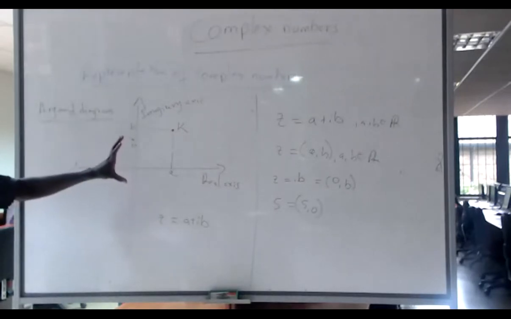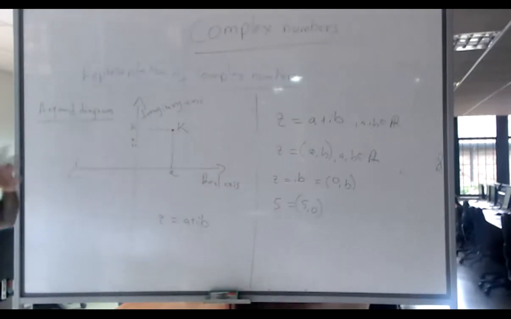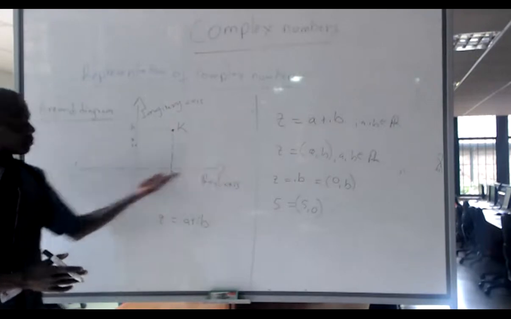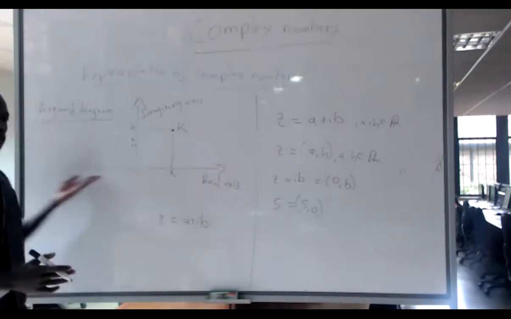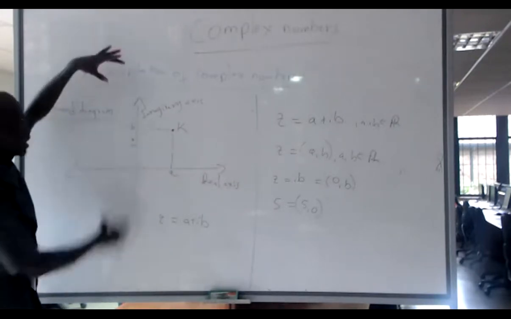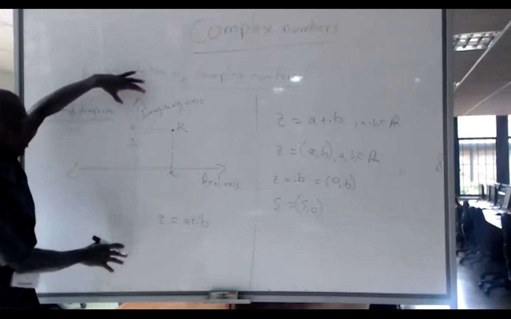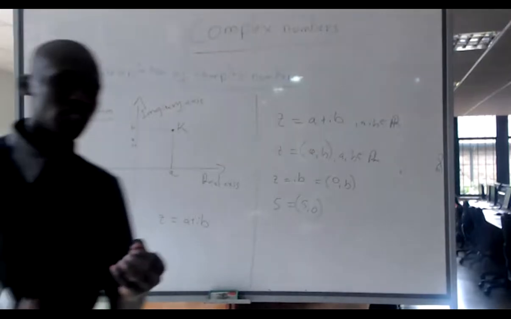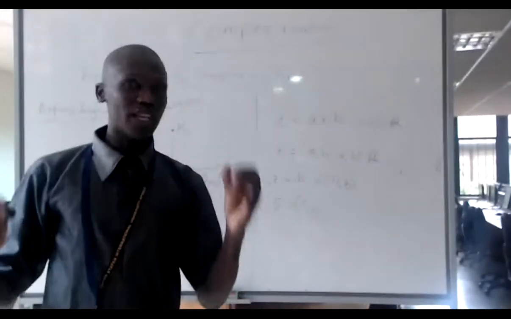This is how we represent complex numbers in the rectangular coordinate system, where you have the real numbers on the horizontal axis and the imaginary numbers on the vertical axis. Actually, its initial definition was that the square root of -1 is simply a rotation through 90 degrees.